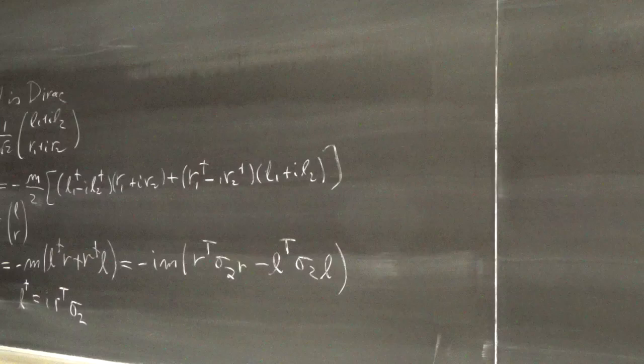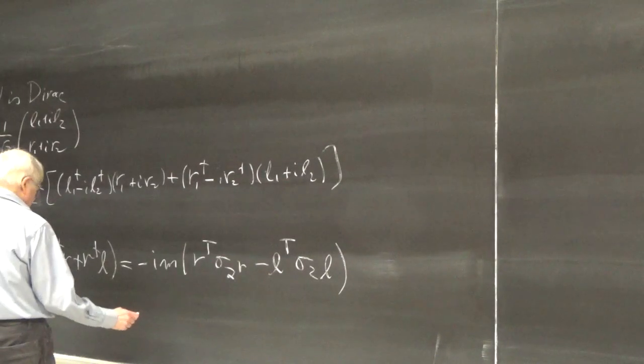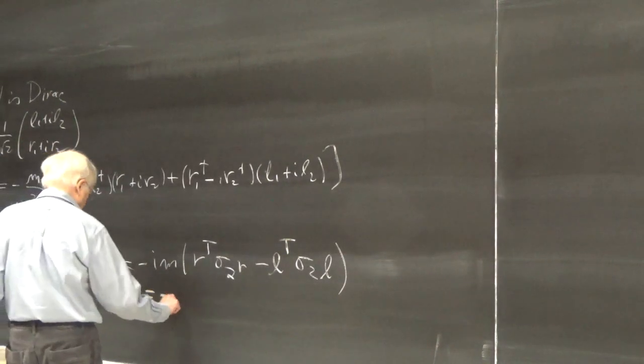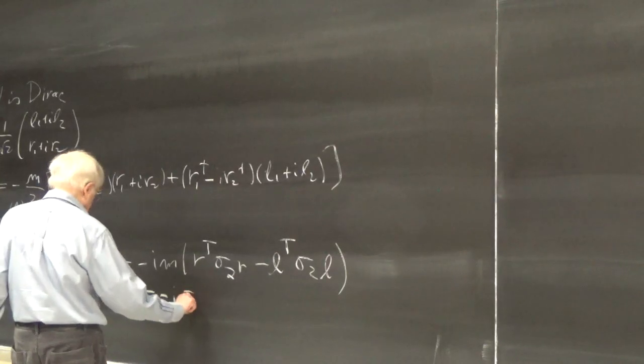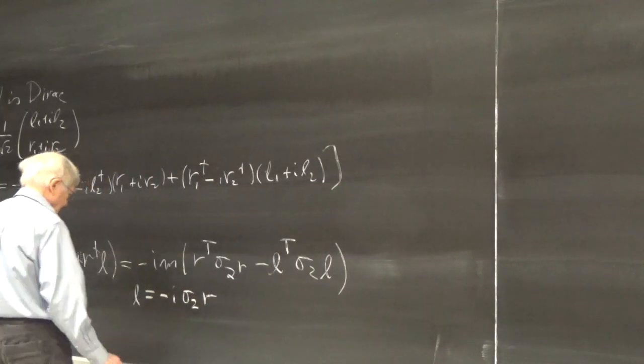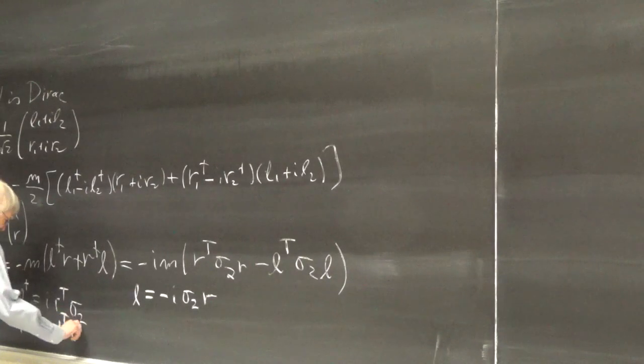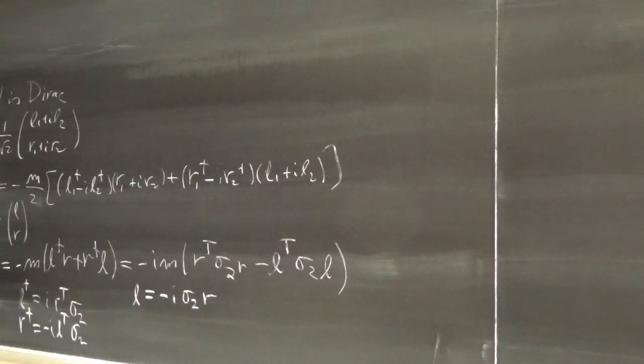And that's sort of a backwards way of writing, if you take the adjoint of that equation, you get L is equal to minus i sigma 2 R. And in the other case, R dagger is equal to minus i L transpose sigma 2.